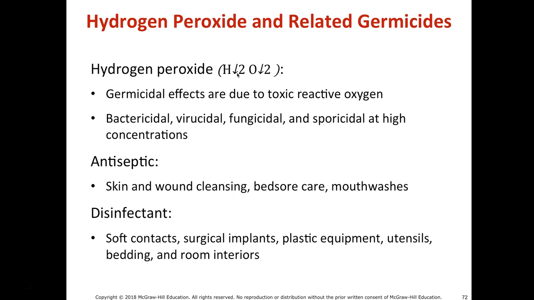What's happening is as it makes contact with organic matter, our skin, it is rapidly exposed to an enzyme called catalase, which is released by the cells within our wound, and that is going to cause our hydrogen peroxide, H2O2, to turn into water, H2O, and oxygen. That would be the remaining O that was taken out. And so that's why you get that bubbling effect, right?